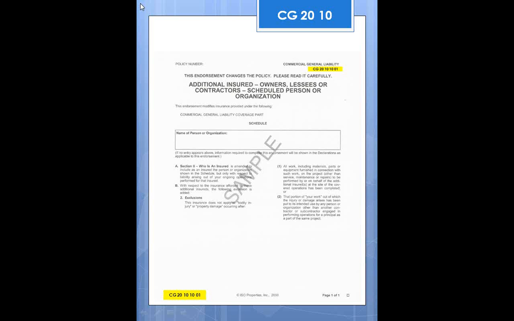So the only number that would be different is 37, where the first number 10 is. You want both of those endorsements. So how we word that is usually to say that the additional insured endorsements that need to be provided are these two, naming the owner and the property manager as additional insured.